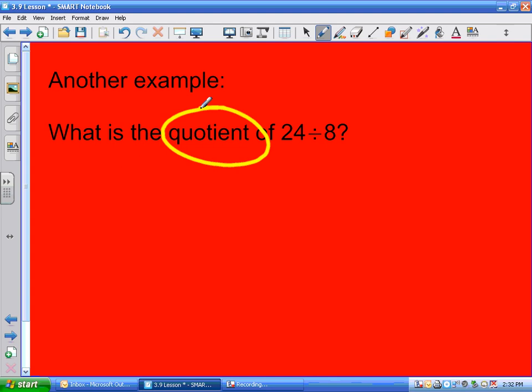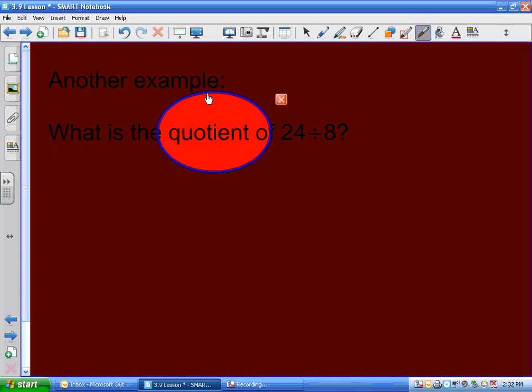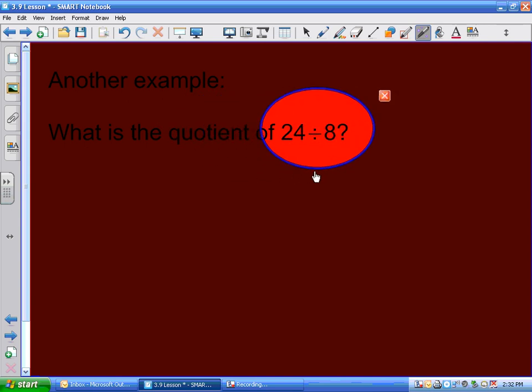Maybe I should do it this way so we don't get confused here. What does this word mean, Tyler? All right, what does that word mean? Okay, Cole? Maybe answer of those 2. There you go. It is the answer for 24 divided by 8.